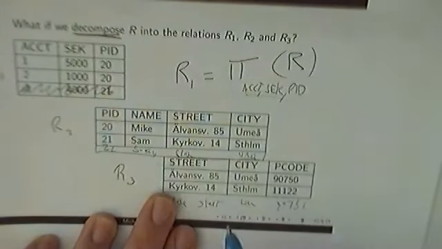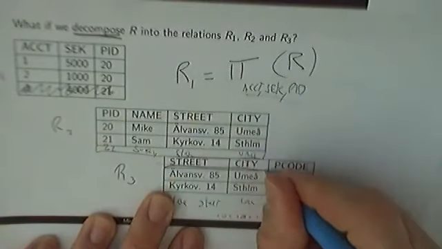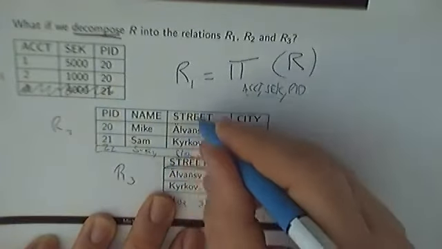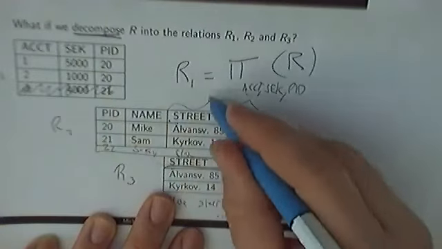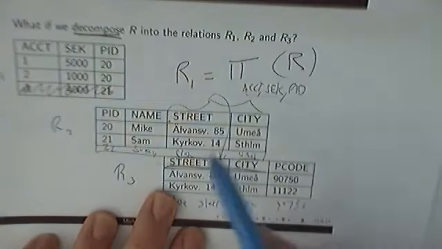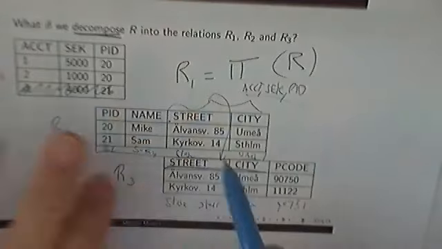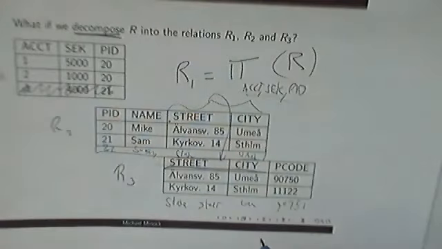What is the key of this table here? The key is going to be street city here, and this will wind up being a foreign key into that. So if you make a change here, depending on how you set the policies, it'll propagate the changes back. But that has more to do with how we implement it. It's a good question though, just to notice that this is interacting with the foreign key issue. But we'll come to that later.